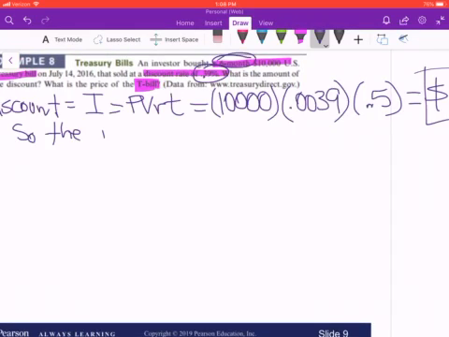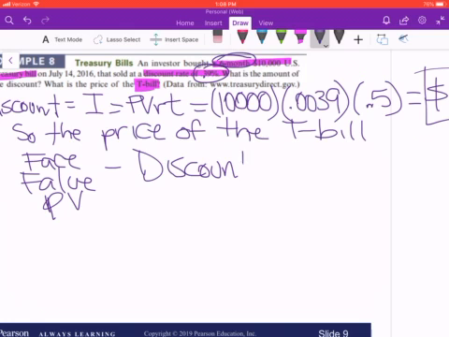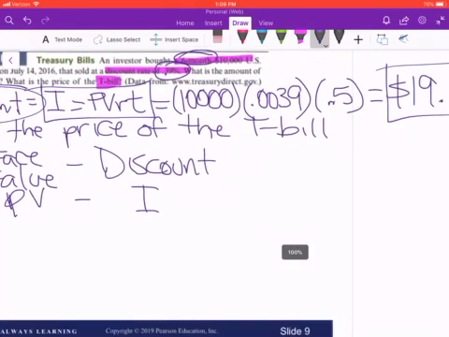So the price of the T-bill now is going to be the face value, or the present value, minus the discount, or that interest that we found using that formula. Remember, we said discount is the same.